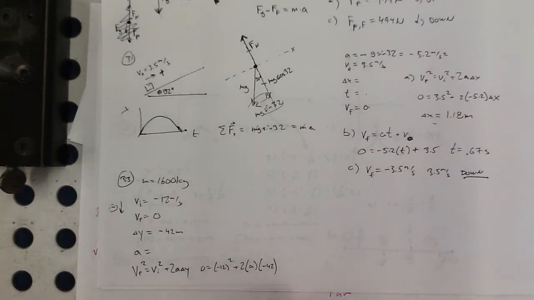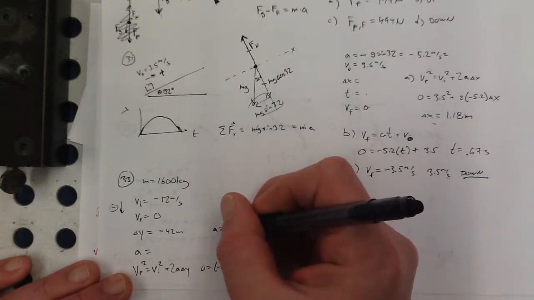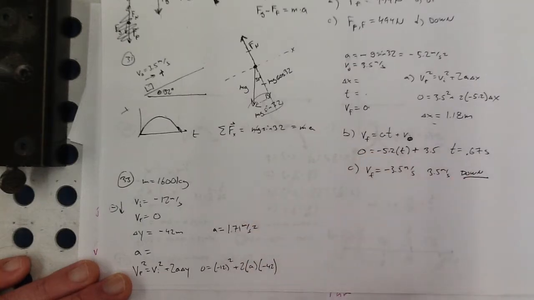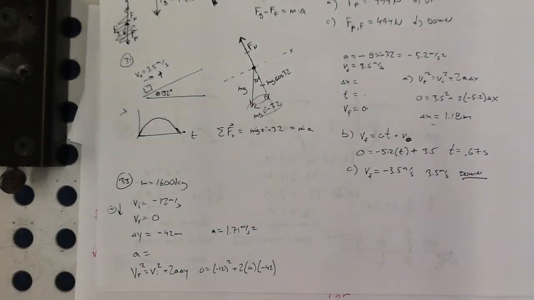So a little bit of algebra there. Looks like I need 144 divided by 84. The acceleration is going to be 1.71 meters per second squared. Okay, I need that information, but that's not the answer to the question they were asking. They want to know what's the tension in the cable.